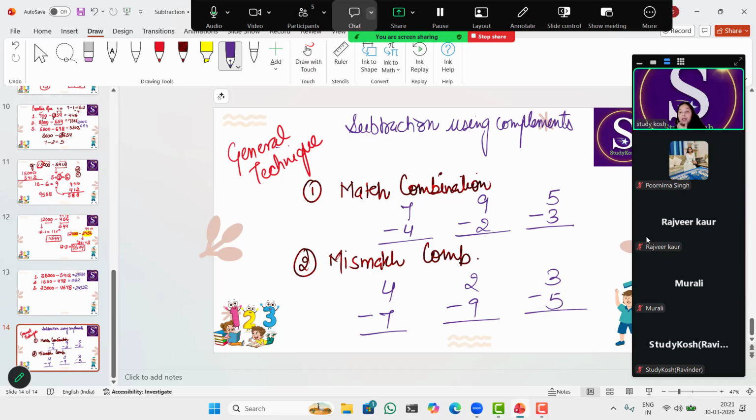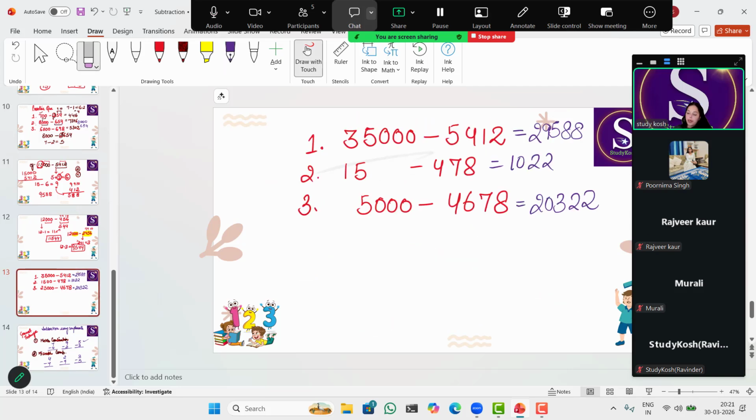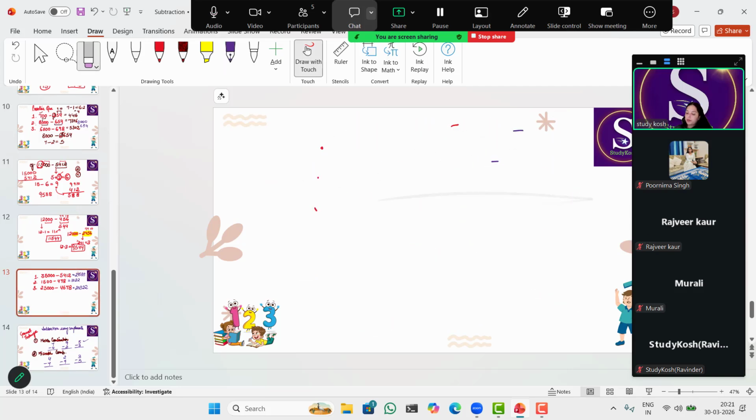We'll see column wise, okay? Like this. 9 and 5, they are a match combination. 2 and 7, they are a mismatch combination. 6 and 3, match. 4 and 2, match. 3 and 7, mismatch.